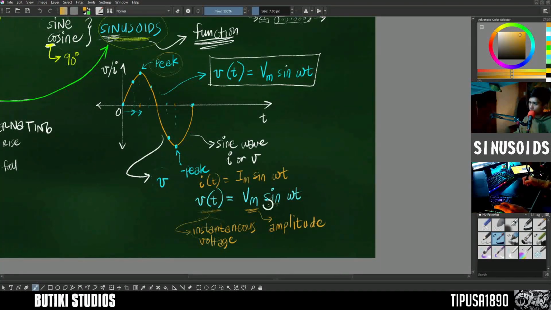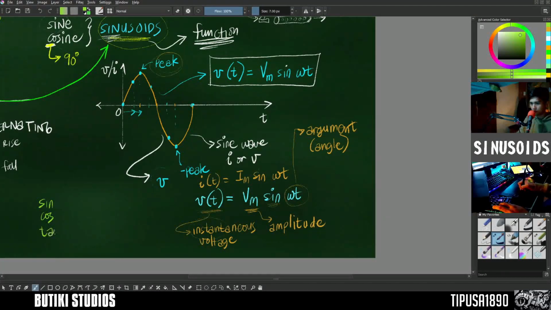So sine, natong function, omega t, that is your argument. So argument basically ang atong gitawag nga angle. So sa atong nabal-an sa mga functions, sine, cosine, tangent, it is always accompanied by theta, beta, omega or alpha, pwede pod letters.